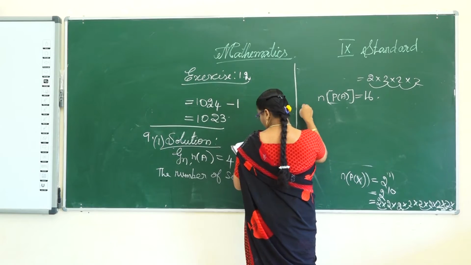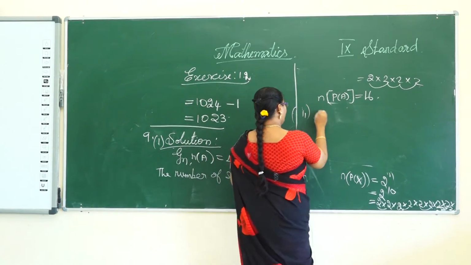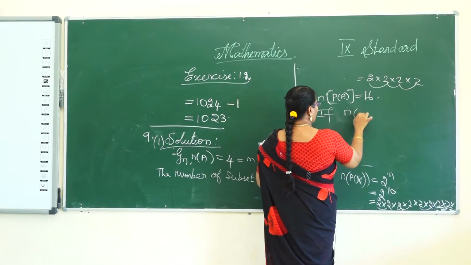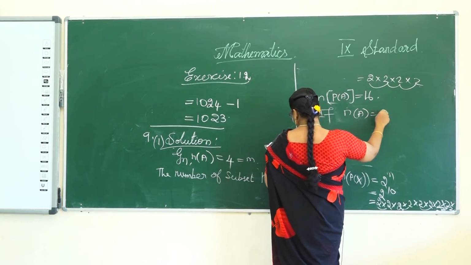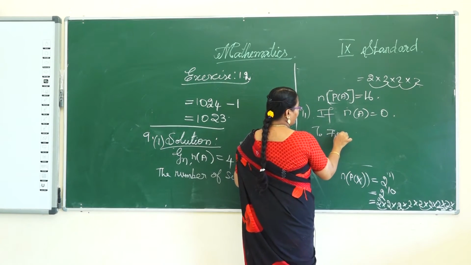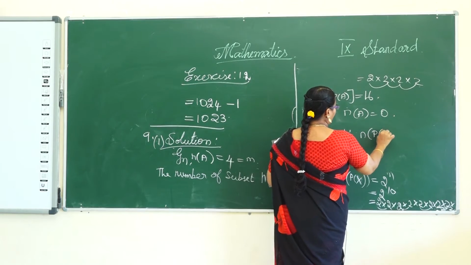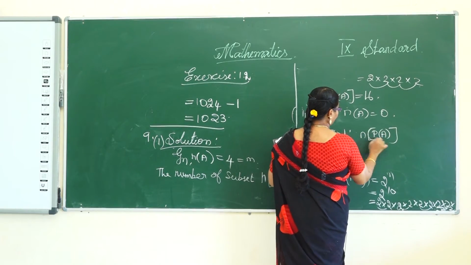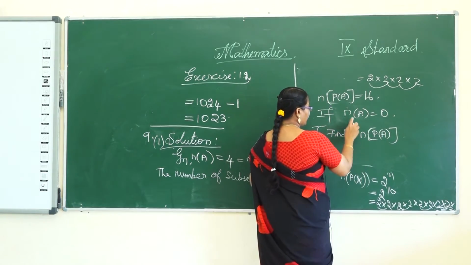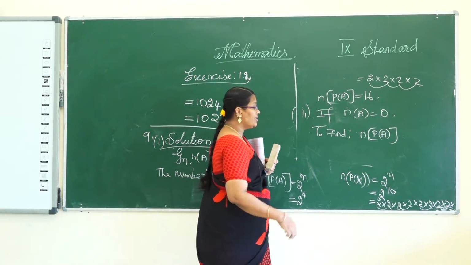And the second subdivision: if n of A is equal to 0 is given, find n of P of A. The number of elements in set A is 0.